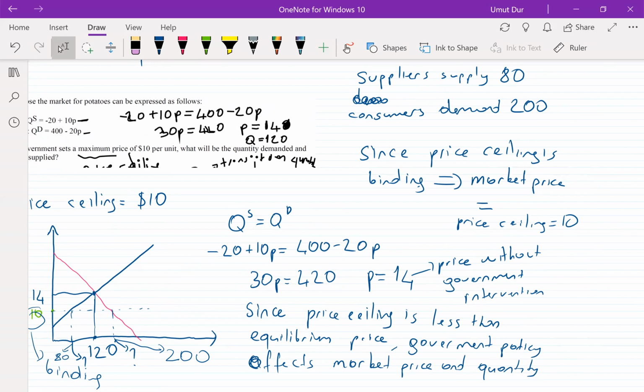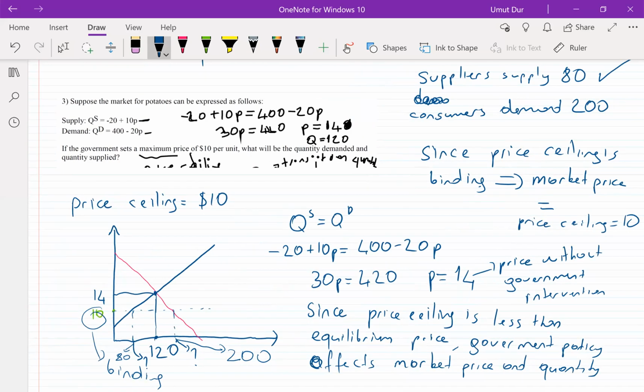It will be 80, right? It cannot be 200 because we cannot find 200 units of the good in the market, because 80 is the maximum amount the firms would like to supply. So the answer will be 80.